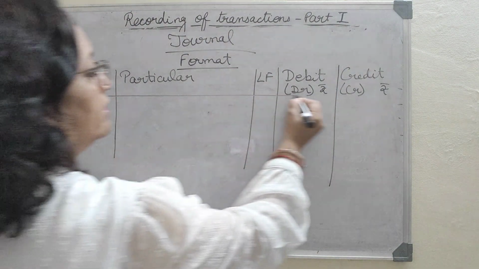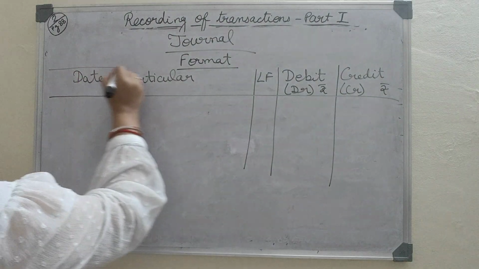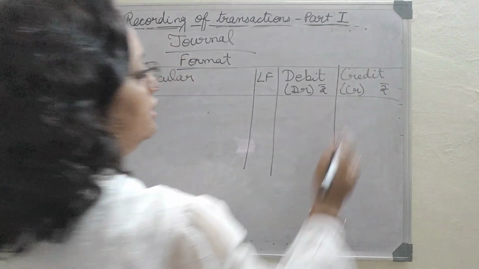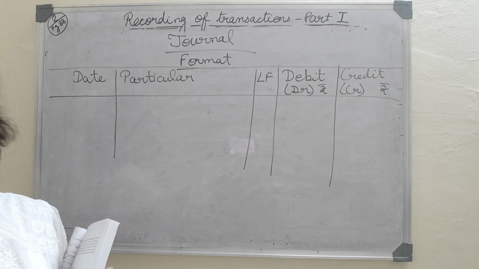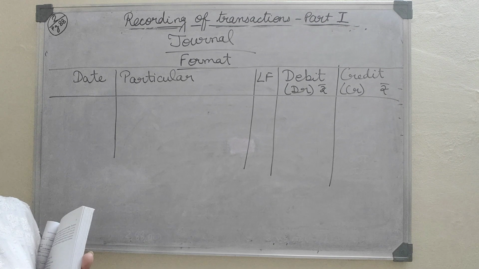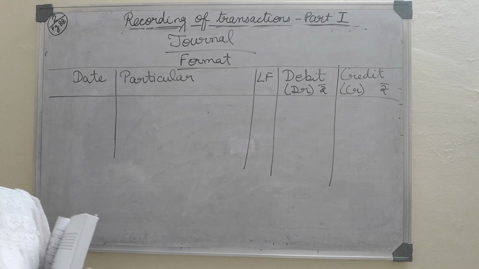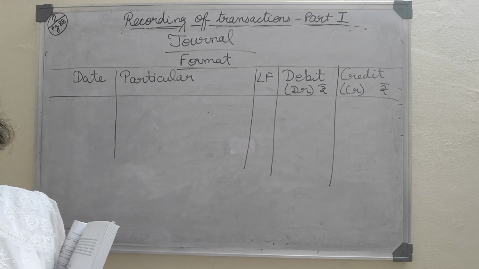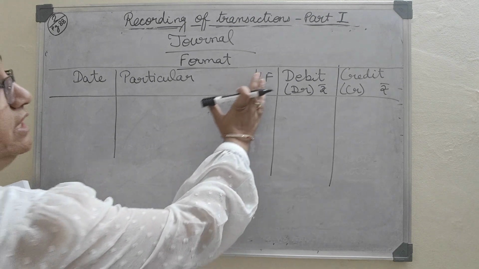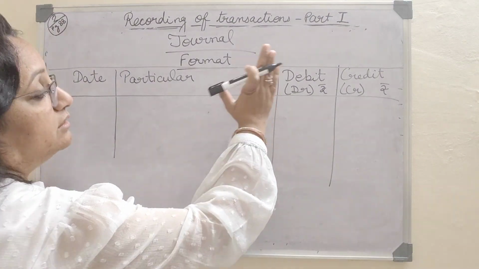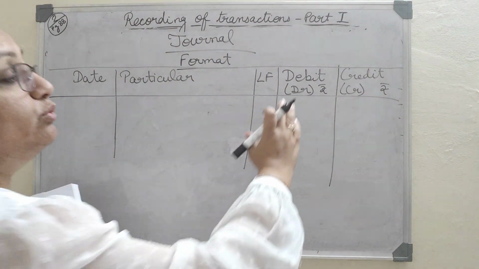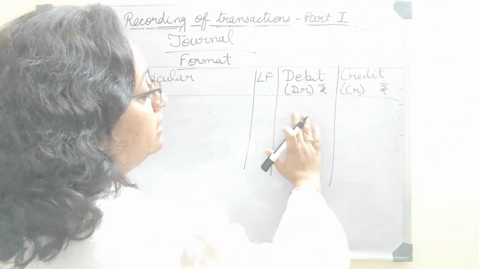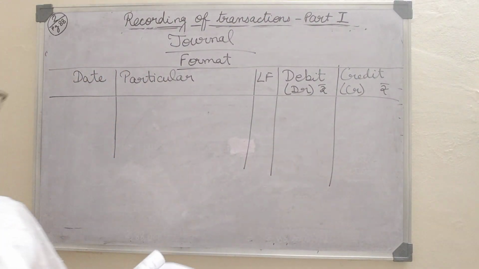So this format should be neatly drawn if you really want to score full marks in this question, right? Please draw this format in your notebook and learn it. If in hurry you forget to draw this column, your marks will be deducted. If you don't draw this column properly, your debit and credit amount will not be clear.